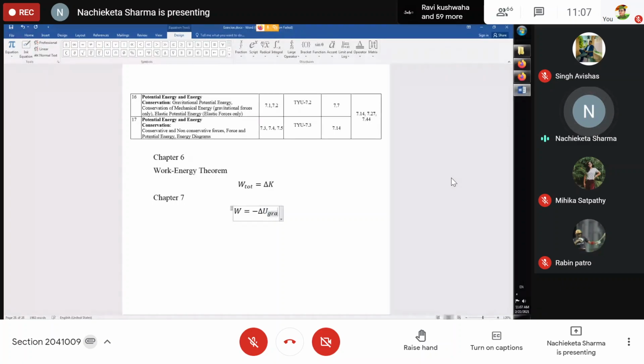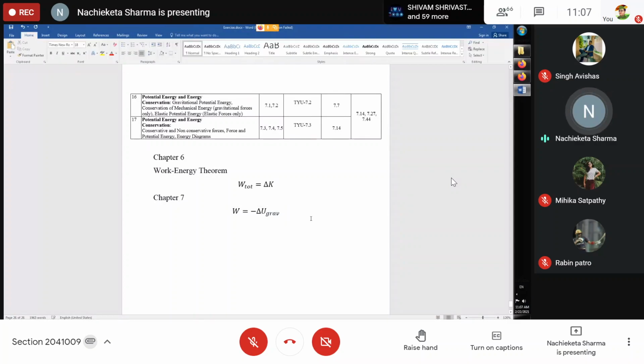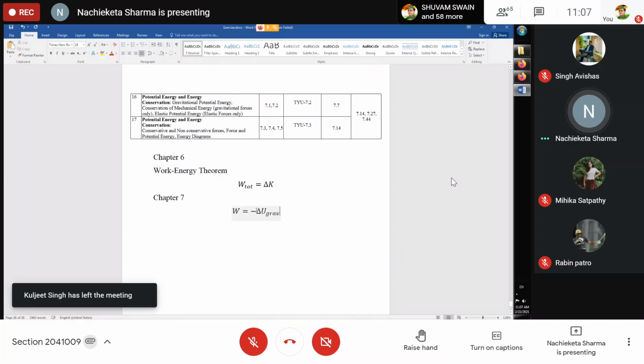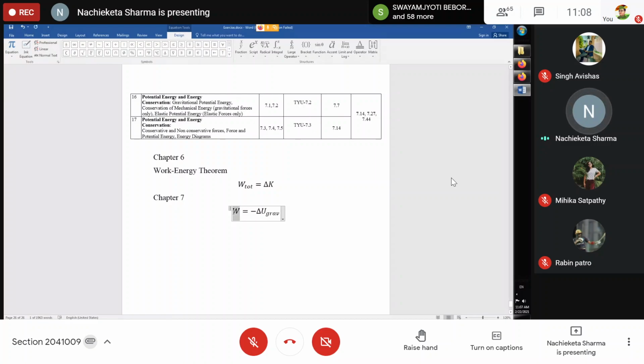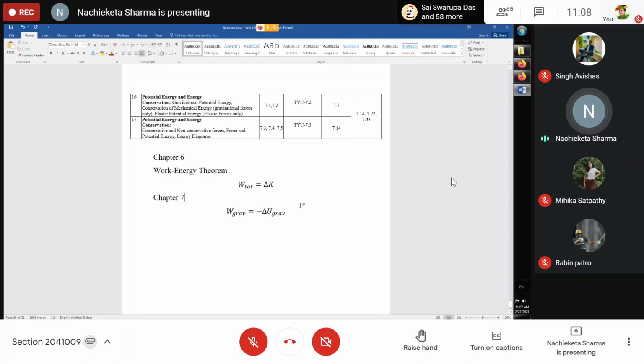This grav is the gravitational potential energy. This is a very important expression, particularly this negative sign. This is also W grav. You cannot write this for all kinds of forces. So the work done by the gravitational force is equal to minus delta U grav.